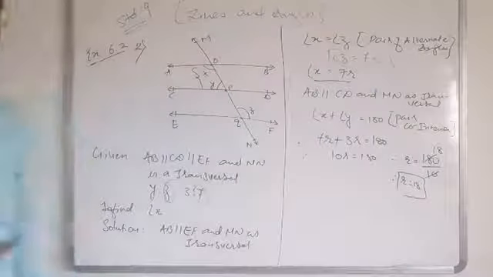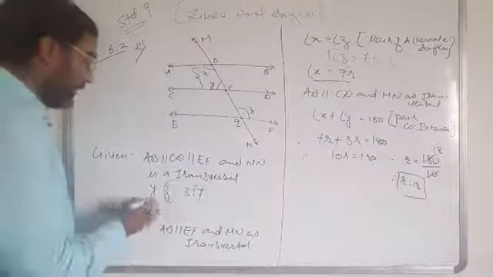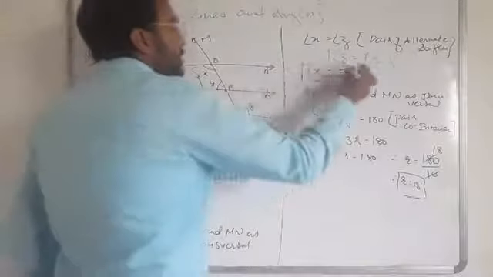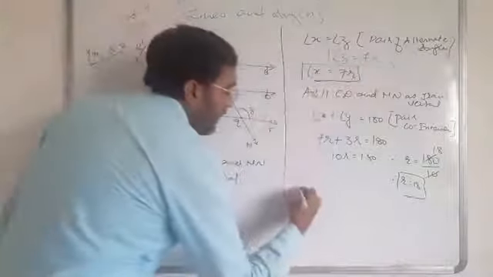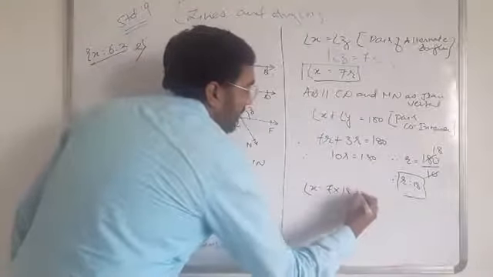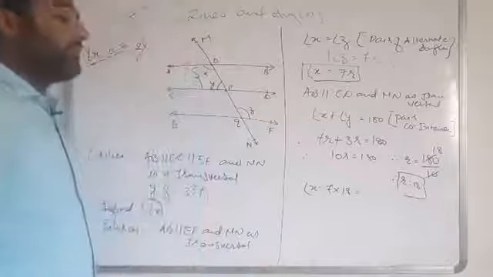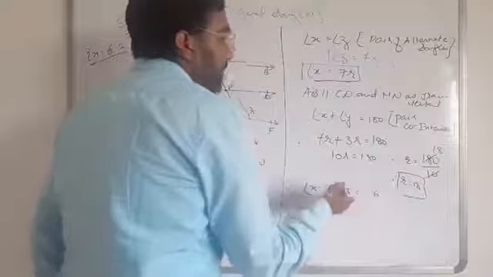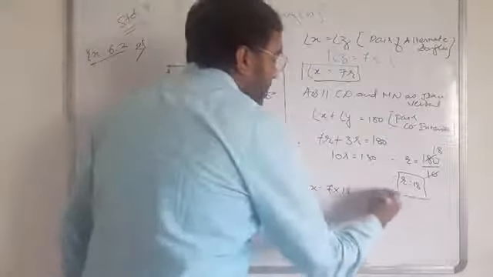Now we have to find the angle X. Angle X is equal to 7R. So angle X is 7 into 18. 7 eights are 56, 7 ones are 7 plus 5 is 12, so 126.